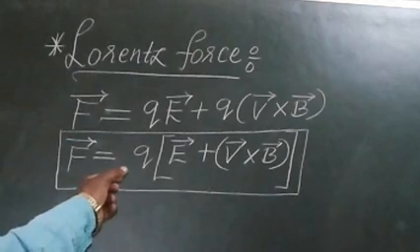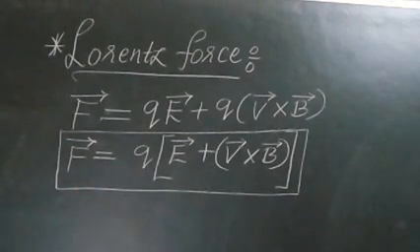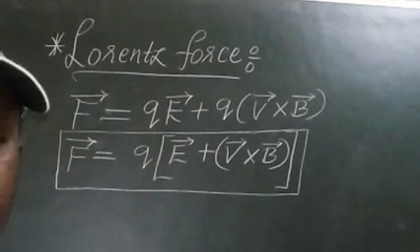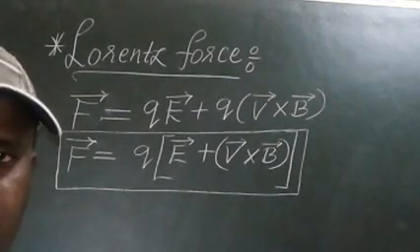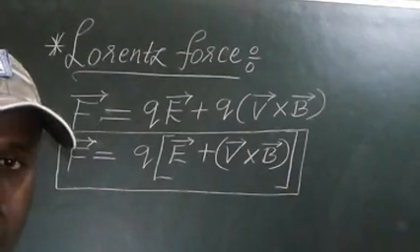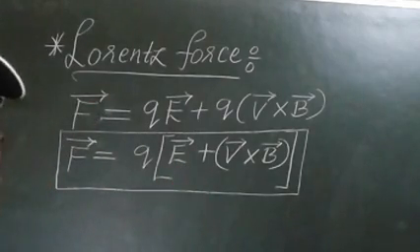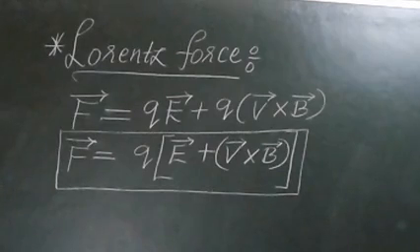V cross B, how do we write it? V cross B equals VB sin theta n cap. Vector A cross vector B is AB sin theta, the vector product you studied last year. Here V cross B is VB sin theta. Sin 90 degree equals 1, sin 0 degree equals 0, sin 180 degree equals 0.